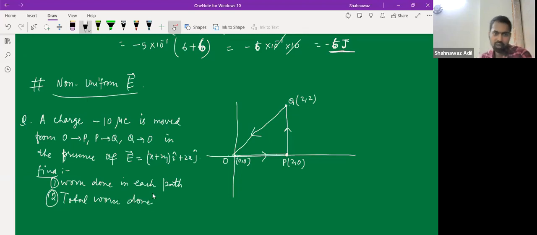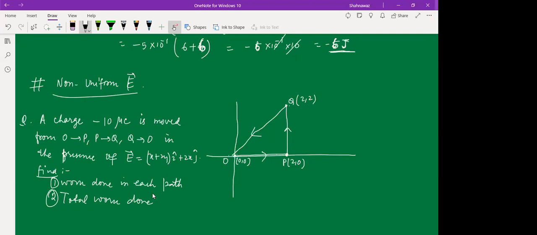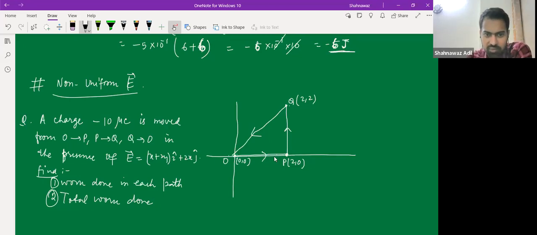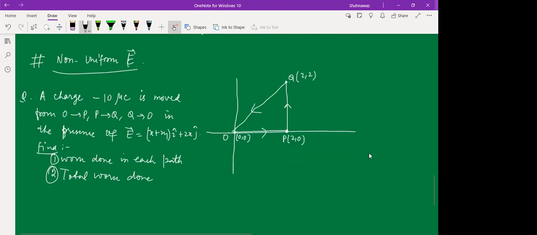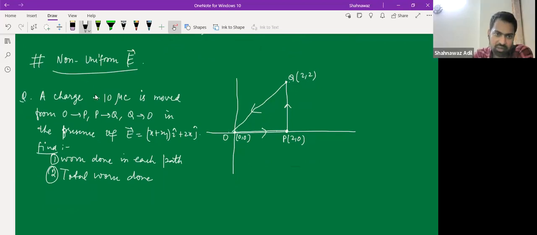Okay. So, did you guys understand the question? Let me explain once more. So I have a charge minus 10 microcoulomb, right? And it is kept at here.